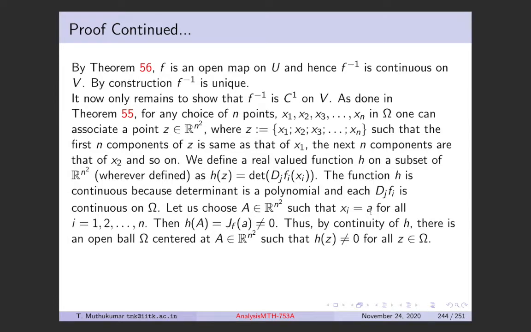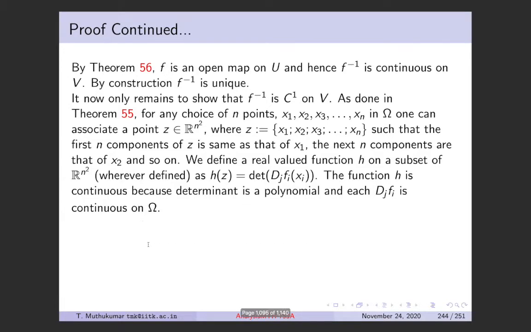A is an n-tuple, so you have n copies of A in R^(n squared). That is your capital A, right? Then h of A is Jf of A, which is given to us to be non-zero. Therefore, by continuity of h, there is a neighborhood, there is an open ball.